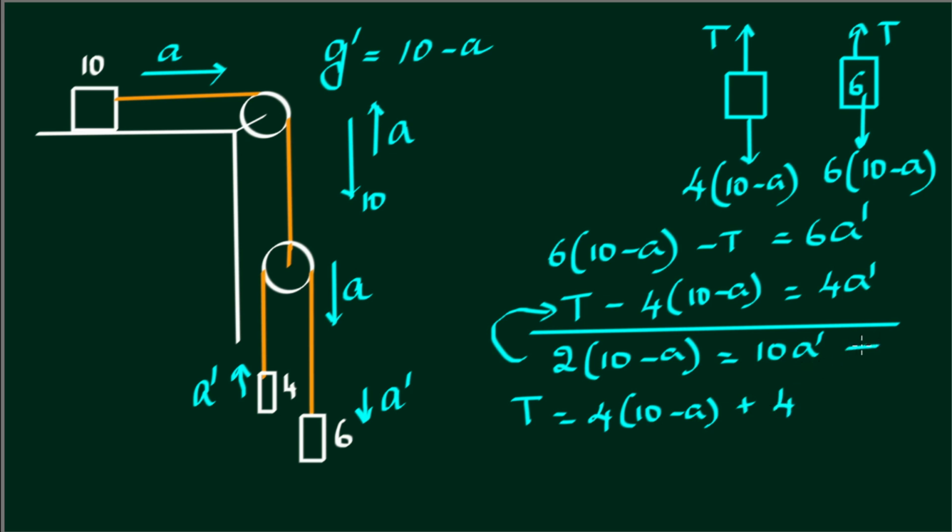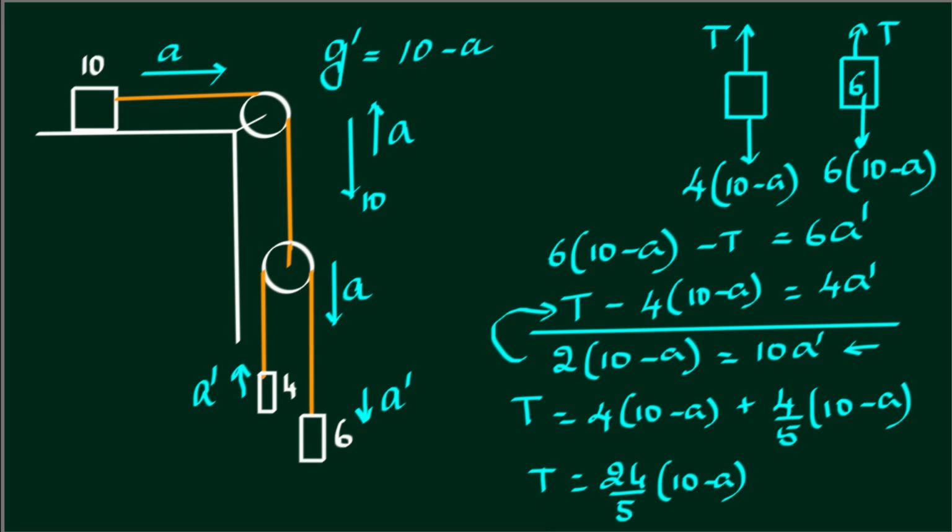You can see from this equation that A prime is 1 by 5 times (10 minus A). So that gives us T is equal to 24 by 5 times (10 minus A), since 5 times 4 is 20.